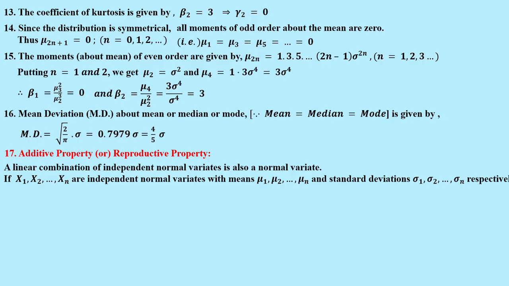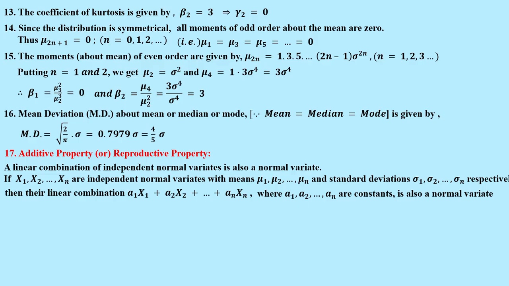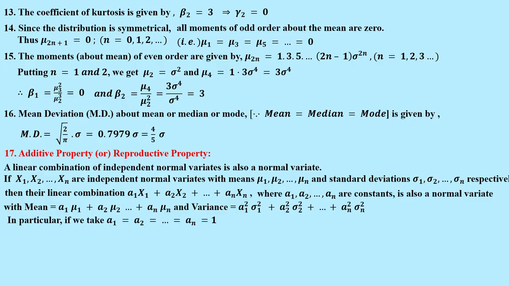So if x1, x2, xn are independent normal variates with means mu1, mu2, etc., mu_n, and standard deviations sigma 1, sigma 2, etc., sigma n respectively, then their linear combination a1 x1 plus a2 x2 plus etc., an xn, where a1, a2, an are constants, is also a normal variate with mean a1 mu1 plus a2 mu2 etc., an mu_n, and the variance a1 square sigma 1 square plus a2 square sigma 2 square plus etc., plus an square sigma n square.